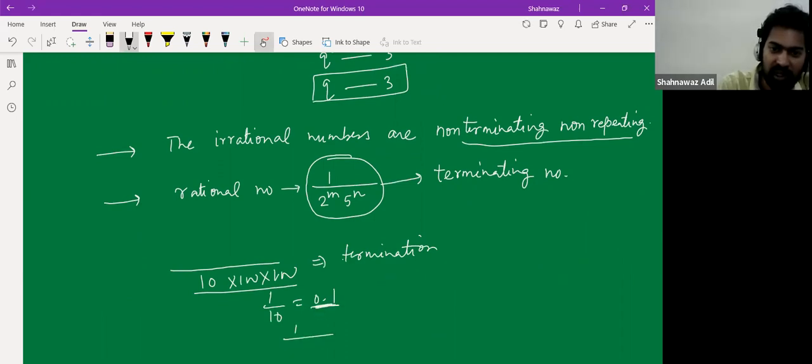Let's say you have 1 by 100, so this will be 0.01, right? So whenever you have a combination of 2 into 5, or 2 square into 5 square, right?